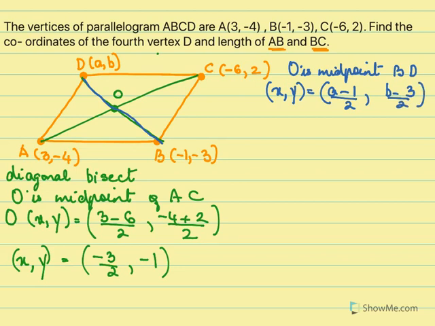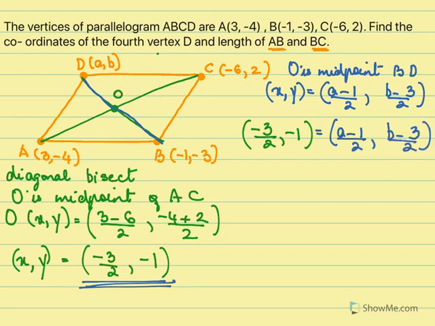You know the midpoint formula, x1 plus x2 divided by 2, y1 plus y2 divided by 2. But we have already found x and y here, right? We know that x is minus 3 by 2 and y is minus 1. So that is equal to (a minus 1 over 2, b minus 3 over 2).